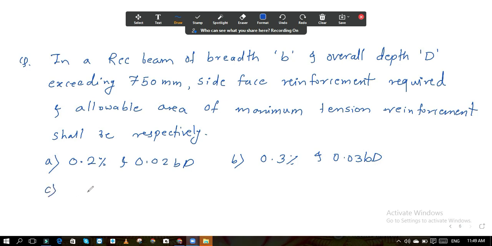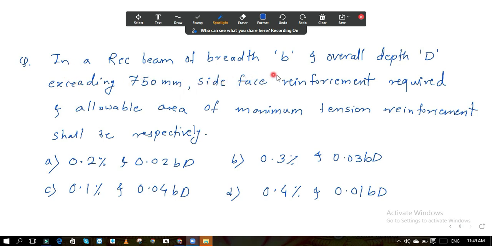Option C, it is 0.1% and 0.04 BD. And option D, it is 0.4% and 0.01 BD. So now I will read the question for you.